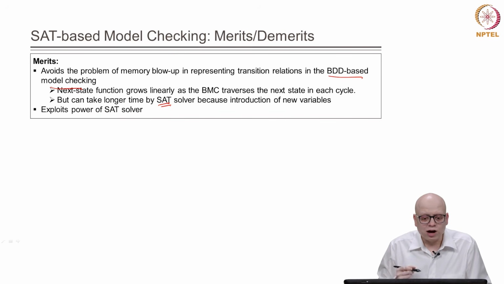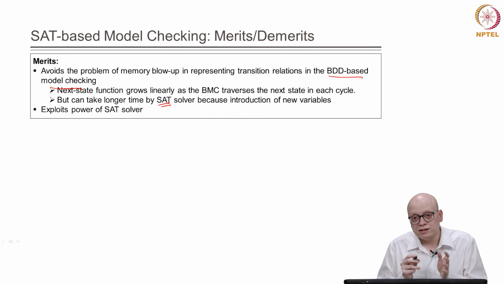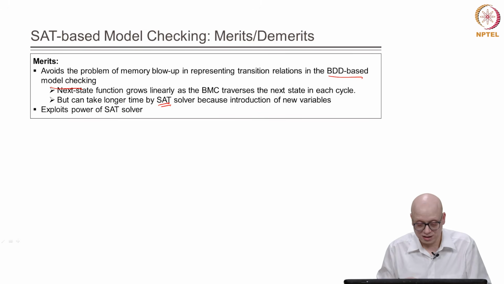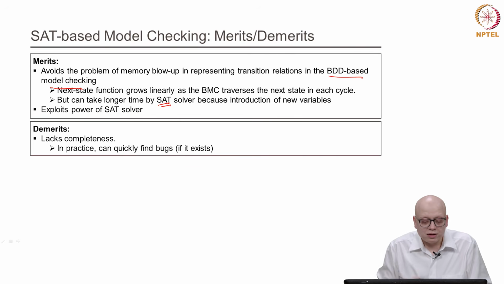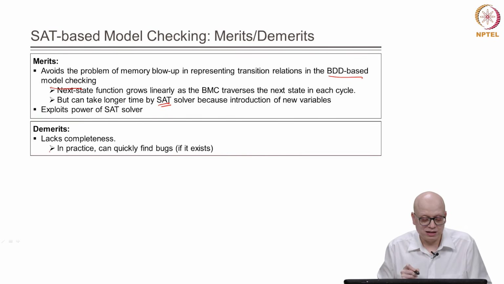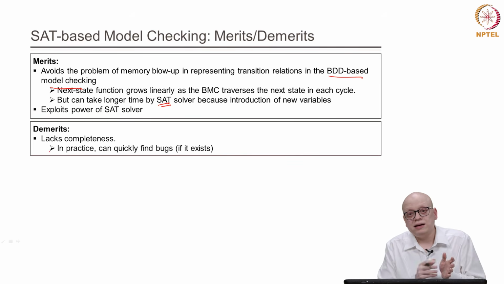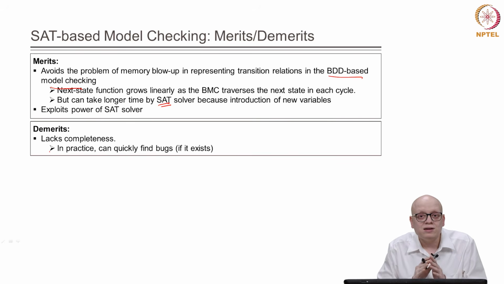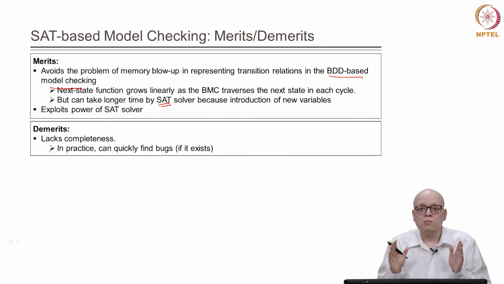So, it exploits the power of the SAT solver, since the SAT solver has become very efficient over the last few years. However, as we discussed, it lacks completeness, meaning that it gives an answer only up to n clock cycles. Beyond that, we cannot conclude anything using bounded model checking.